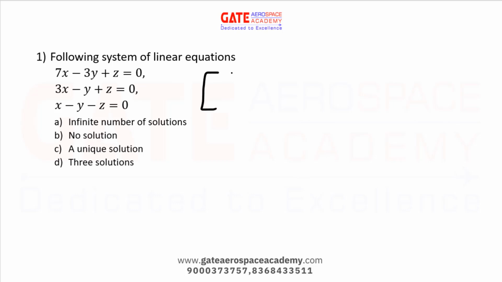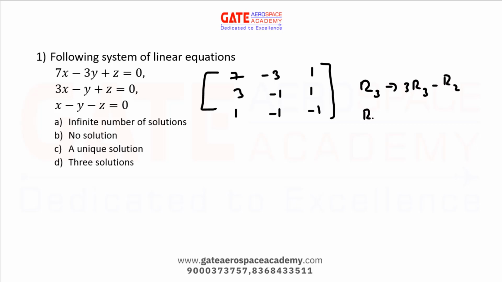We'll write it in matrix form: 7, -3, 1; 3, -1, 1; 1, -1, -1. Now R3 becomes 3 times R3 minus R2, and R2 becomes 7 times R2 minus 3 times R1. Let's check what happens here.